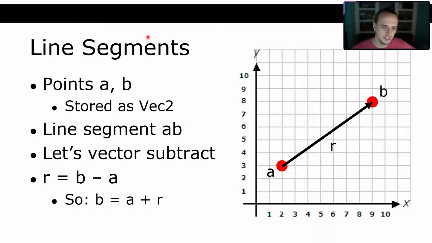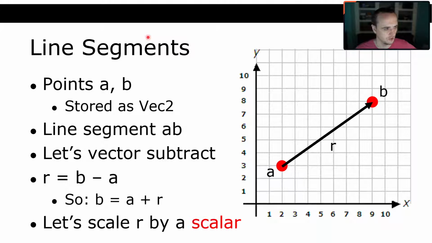But let's do something interesting here. Let's scale R by a scalar value, meaning just a floating point number. So if I don't scale R by anything, this line segment AB is just equal to 1 times R, where R is B minus A. But what if I said 0.5 times R?